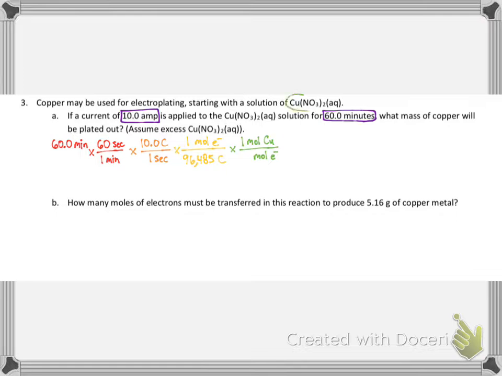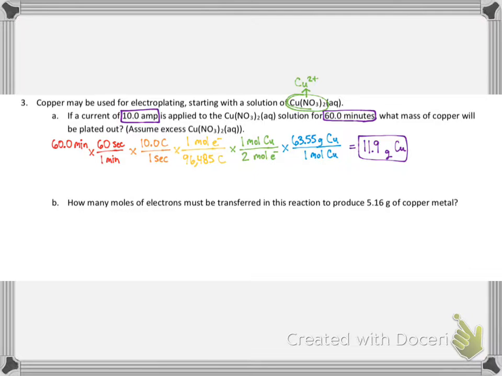Hopefully you were looking at the solution given, noticing that since copper is hooked up with 2 nitrates, this must be copper with a 2+ charge, which means it's gaining 2 electrons for every atom of copper that's being reduced. And then multiply by the molar mass for the win, and that's it. So in this circumstance, we would produce 11.9 grams of copper.